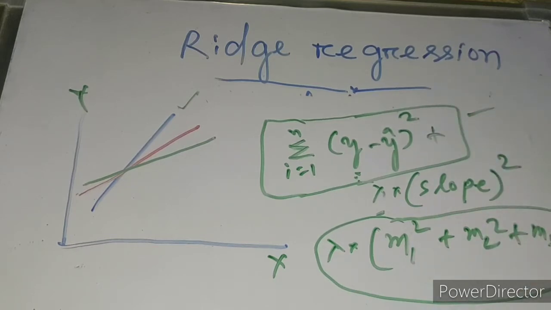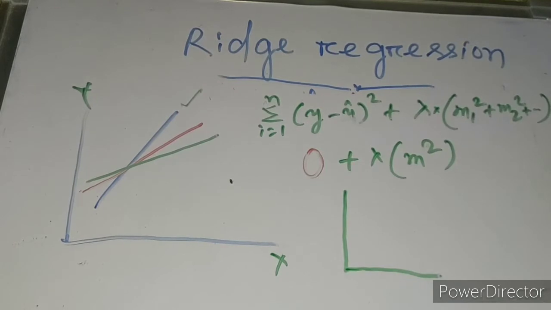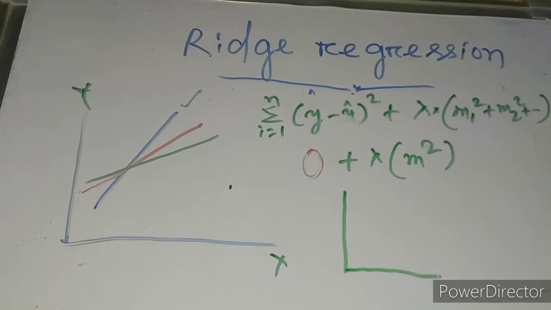Let's see what happens. As we know, before applying ridge regression, our model was fitting properly with the training data set.